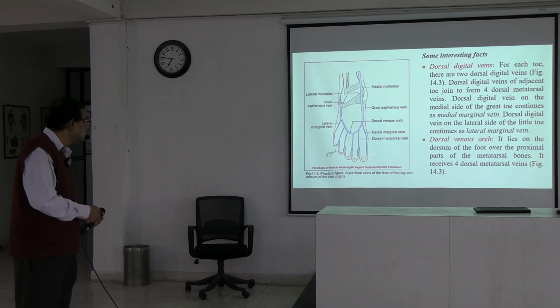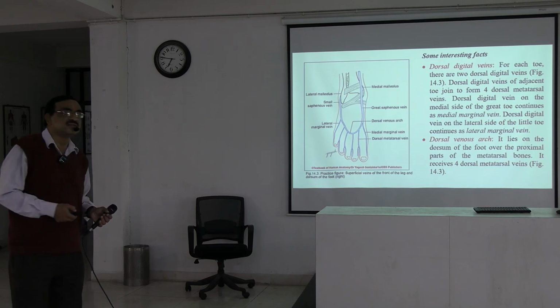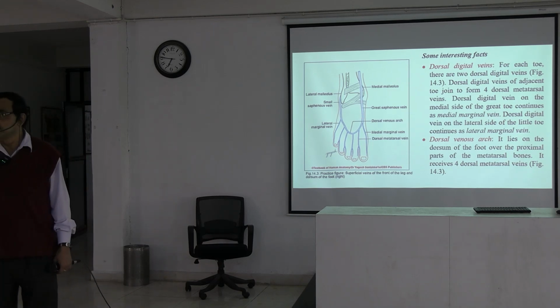And on the medial and lateral side the digital veins enter, and ultimately one is continued on the lateral side, one on the medial side. The lateral side is continued as the small saphenous vein, and the medial side as the great saphenous vein. Okay.